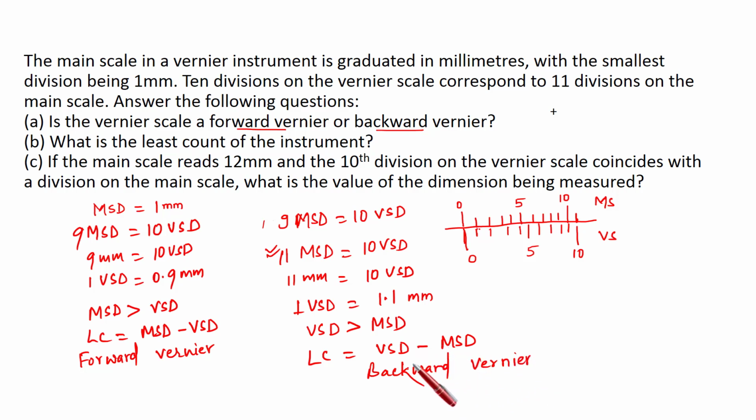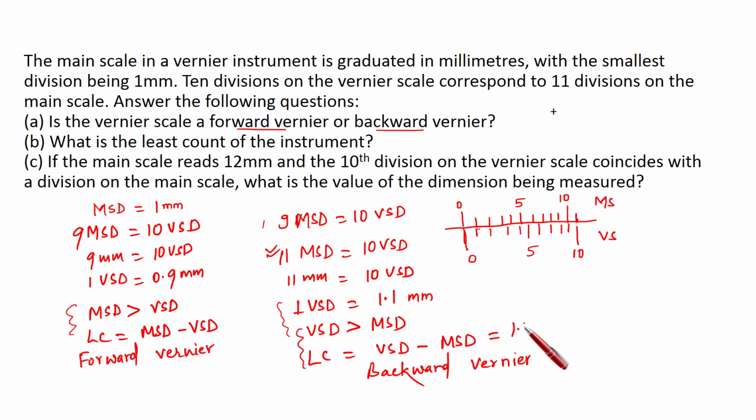Clear? So there is no difference between forward and backward. Only difference is about these two. So there is nothing to worry about. If the question is like this one, then simply you have to find least count equal to vernier scale division minus main scale division.